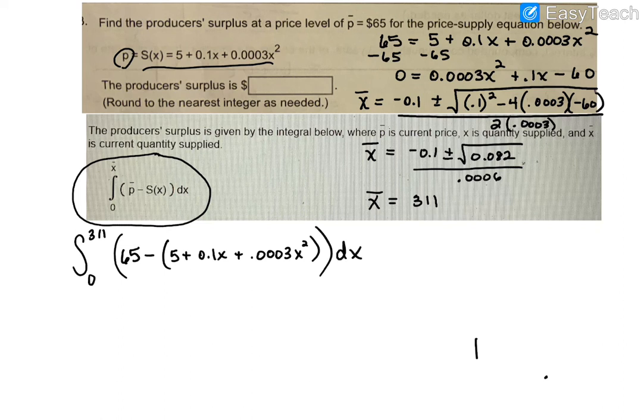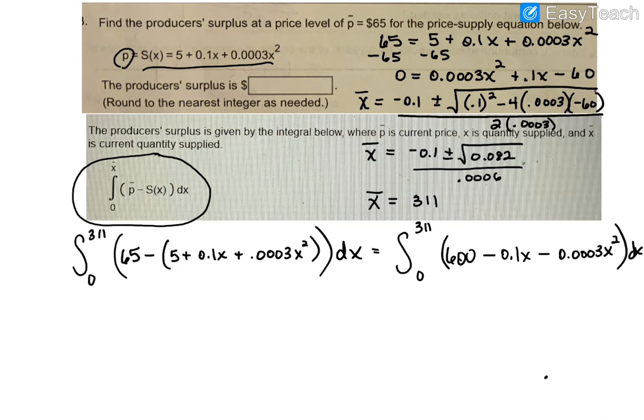So I can go ahead and, again, simplify first. So 65 minus 5 will be 60. And then we'll have a minus 0.1x, and we'll have a minus 0.0003x squared. And then we're ready to integrate that.